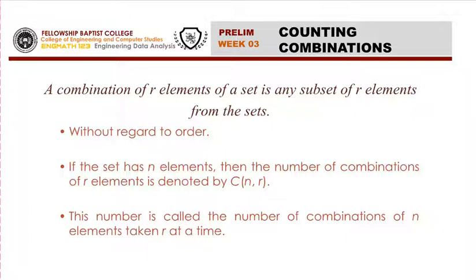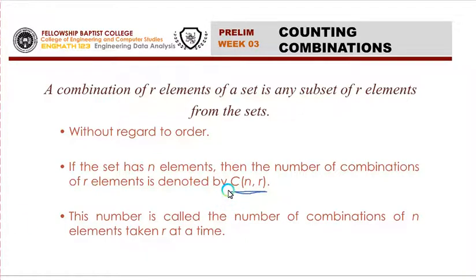For example, if you have 52 cards and you get only 10, or only 5, that is already a subset of the group of cards without regard to the order. If the set has n elements, then the number of combinations of R elements is denoted by this equation, C(n, R). This is combinations of n elements taken R at a time.